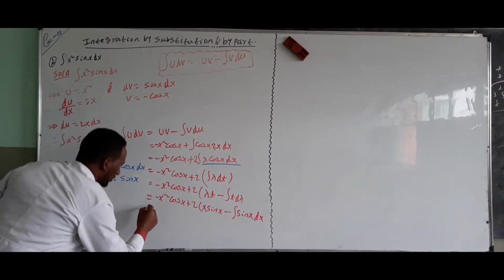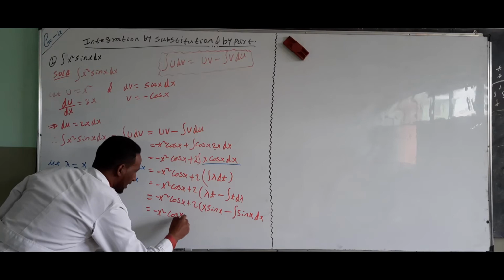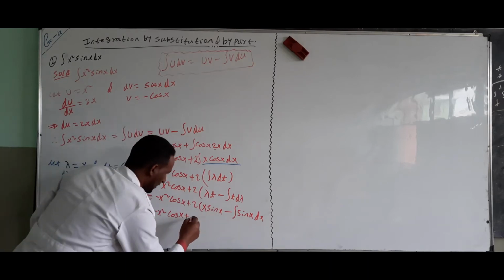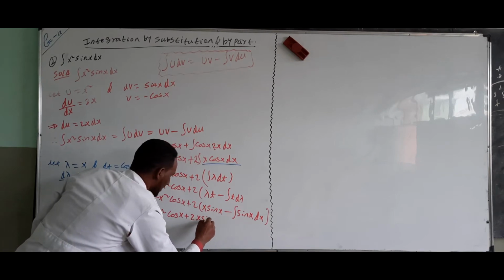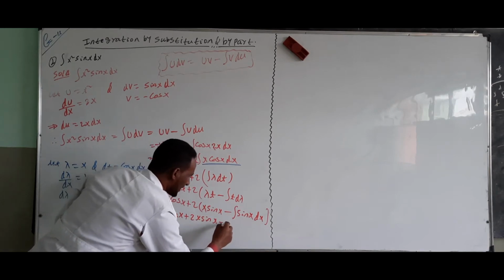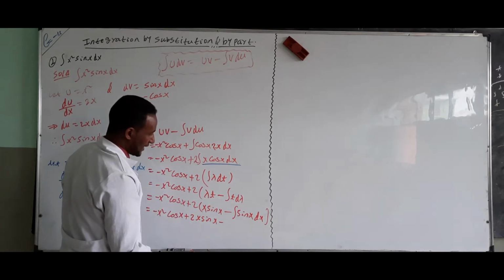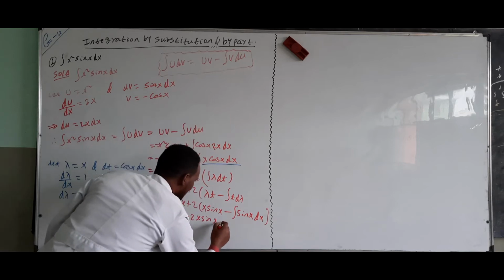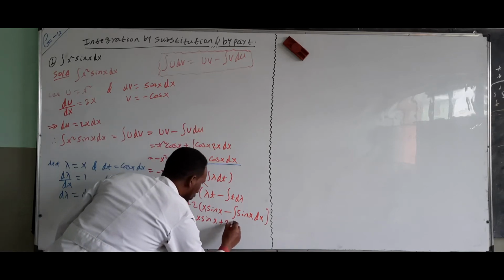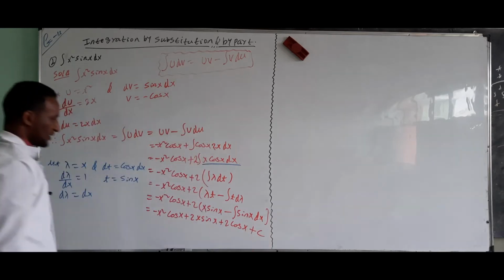Then which is equal to negative x square cos x plus 2x sin x minus the integration of sin x, which is negative cos x, then it becomes plus 2 cos x plus some constant c.